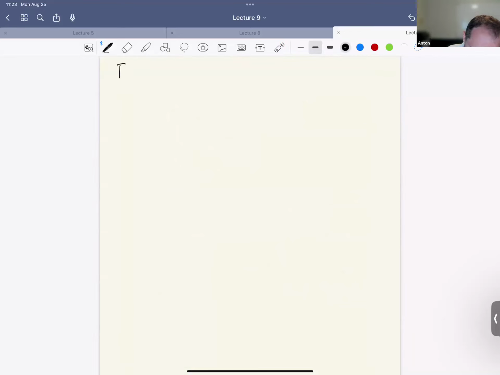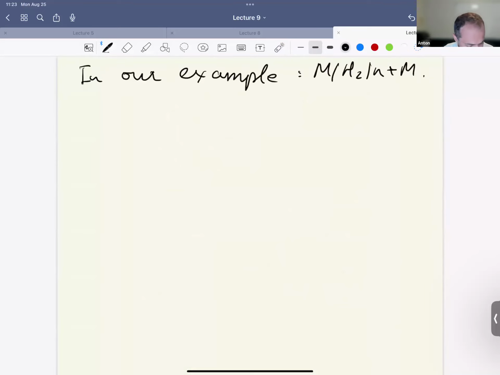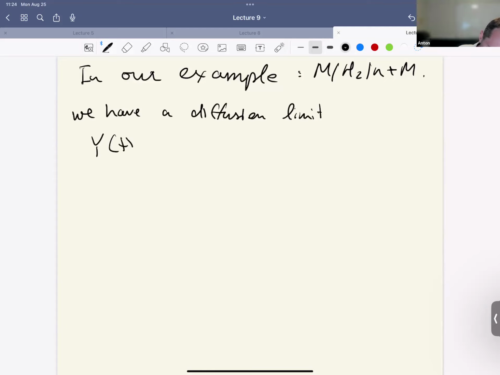So in our example, let me just give you an idea of how difficult this is. It's not trivial. So as I said before, we have a diffusion process, diffusion limit, let's call it y of t.